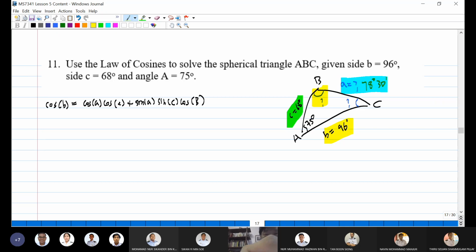So you can see the correspondence after I use the coloring. This B here, this B here, and A is the blue color one. A is here, A is here, then C is here. So don't get confused by the small letter c.